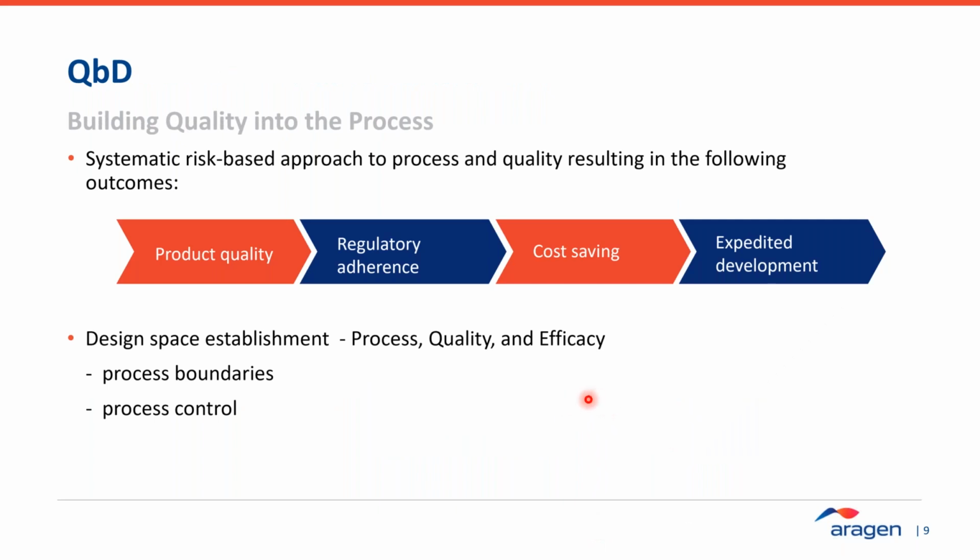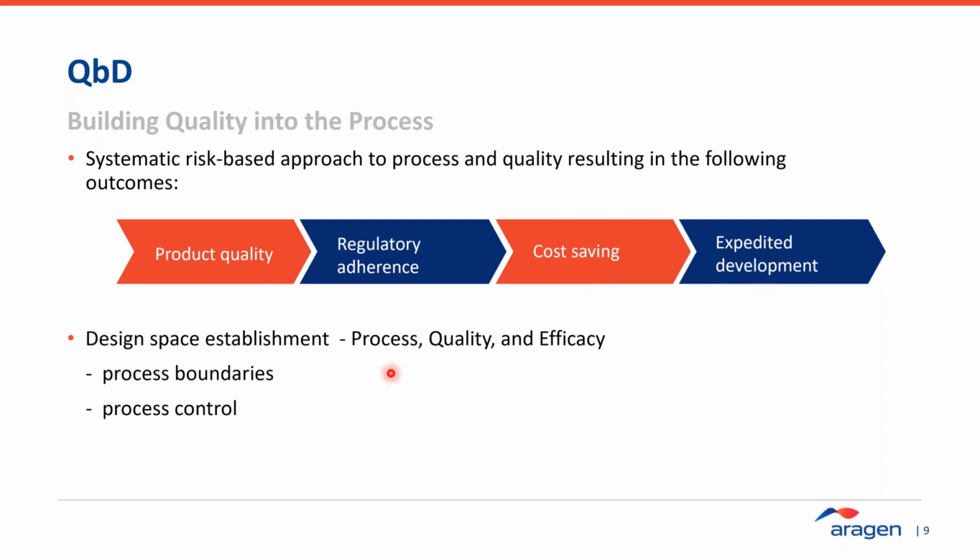Quality by design is building quality into process. It is a systematic risk-based approach whose application will result in the following outcomes: product quality, regulatory adherence, cost saving, and expedited development.